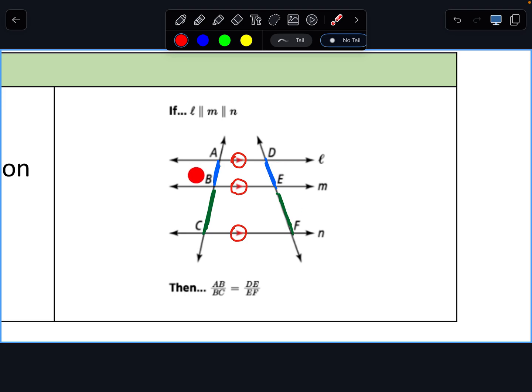In other words, if AB is half the length of BC, then DE will be half the length of EF. Or if AB is a quarter of the length of BC, then DE will be a quarter of the length of EF. So they're related in the same way, and those pieces of the transversal are broken up proportionally.